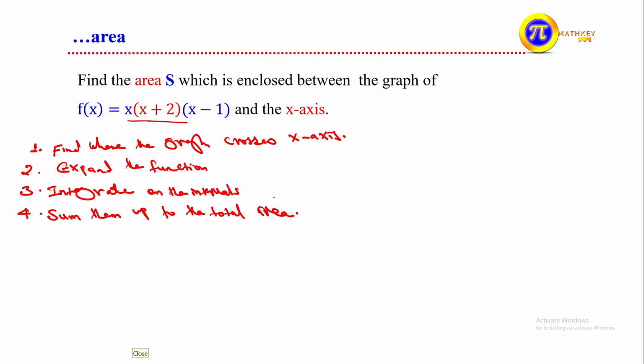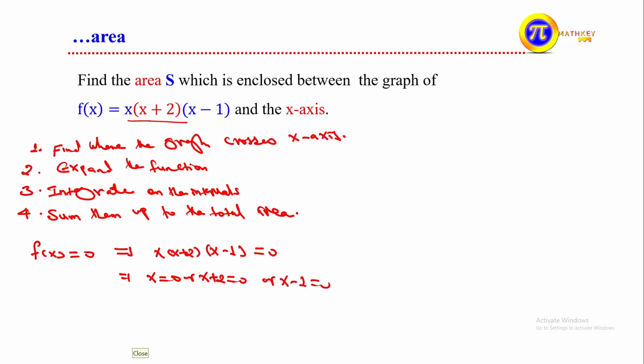From the given function f of x, the zeros are where f of x equals 0. This shows that x times (x plus 2) times (x minus 1) equals 0. So x equals 0, or x plus 2 equals 0, or x minus 1 equals 0. That shows x equals 0, negative 2, and 1 are the zeros of our function.